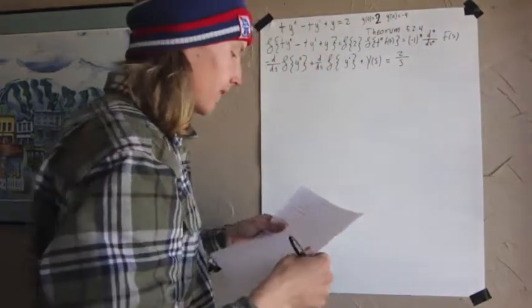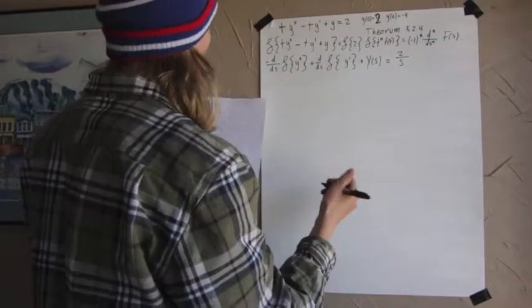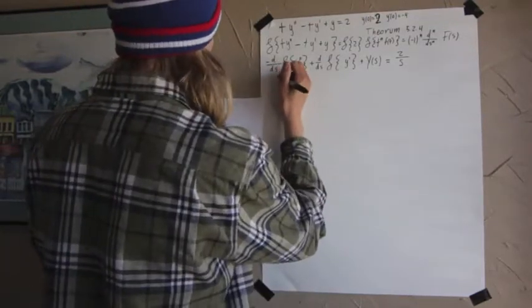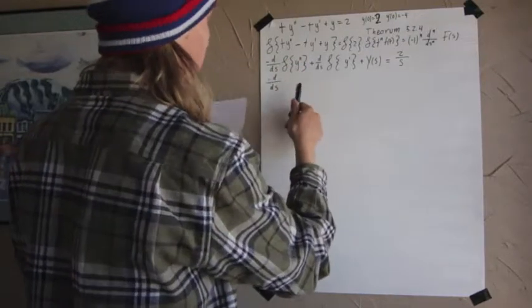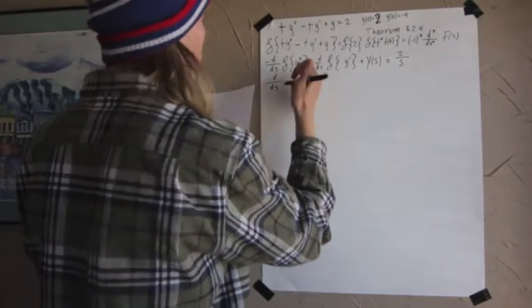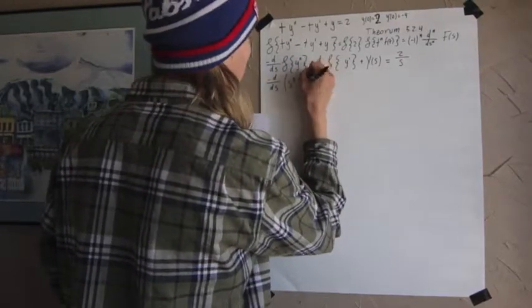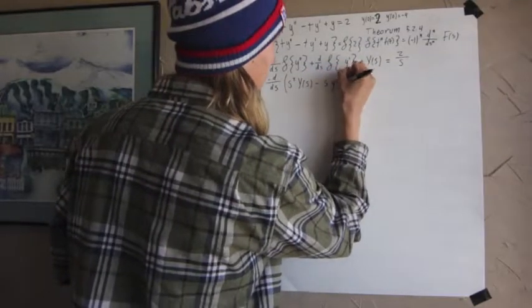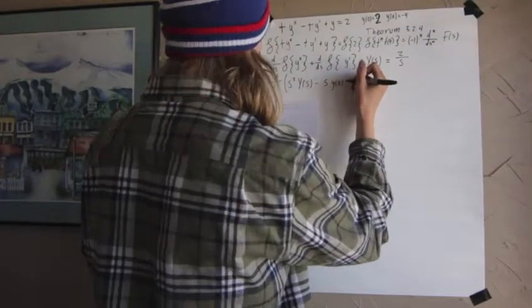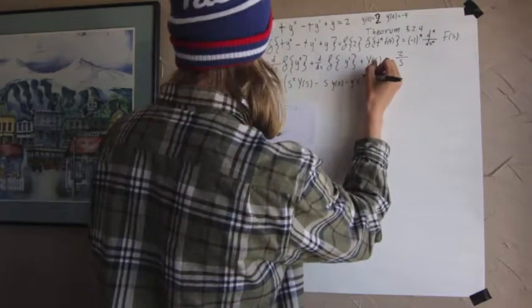No big deal. Continuing to simplify, we're going to have the negative d ds of just the normal Laplace transform of y double prime. So in parentheses, s squared capital Y of s minus s y of 0 minus y prime of 0.